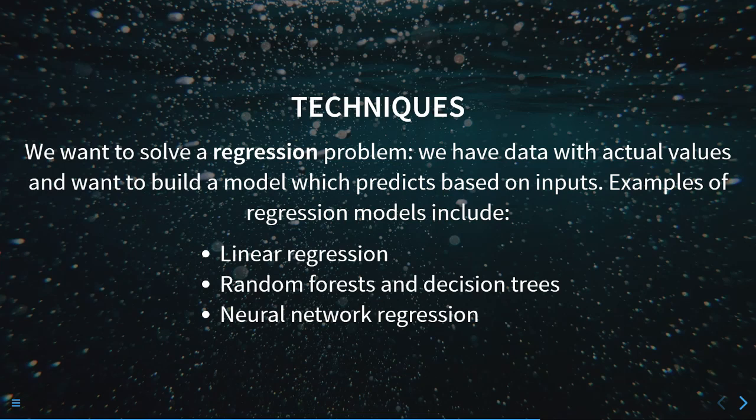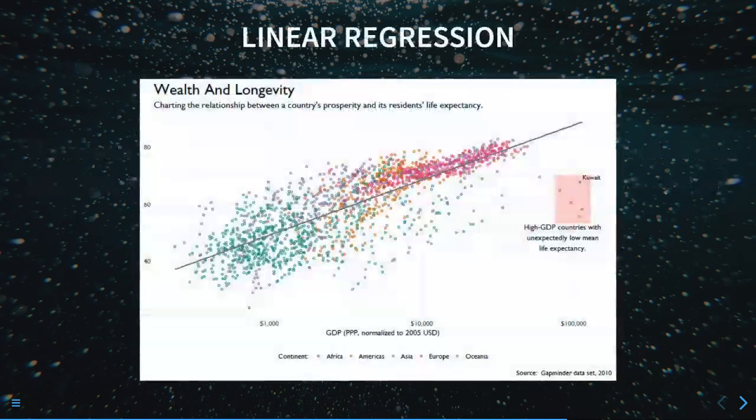There are several techniques for performing regression, and three of them that I'm going to talk about today. One is linear regression, one is random forests, which I'll also talk about decision trees, and a third is a neural network. So linear regression is a really simple concept.